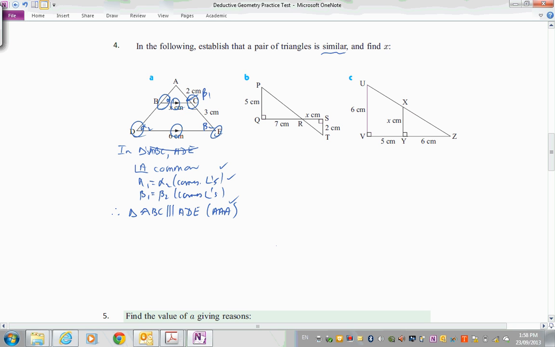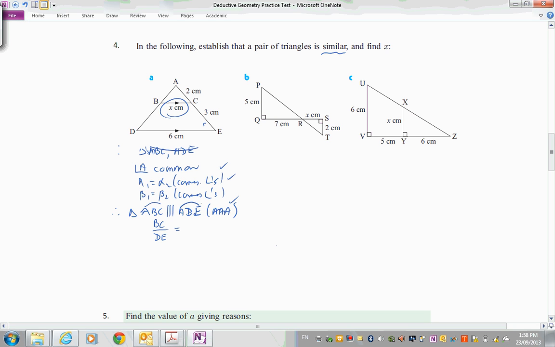We can say, let's tidy the diagram up. So here, BC to DE, match-ups, is the same as AC to AE.